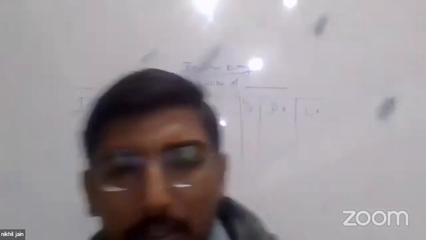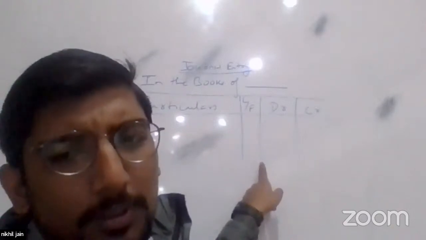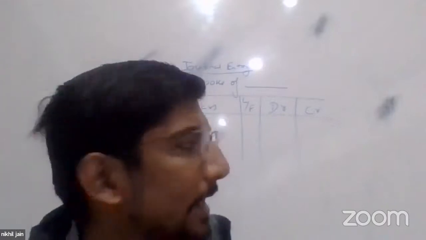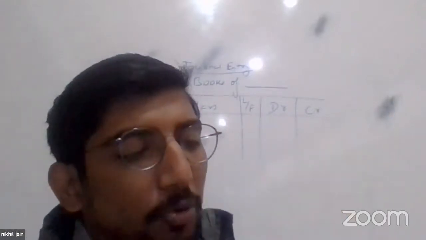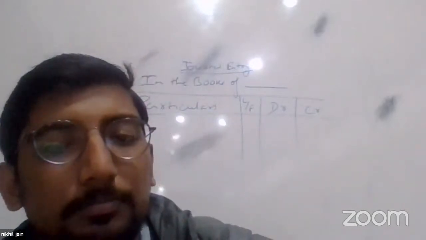So that is why the LF column is not used while making journal entries at this time. Okay, and in the debit amount column the debit amount will be written, and in the credit amount column the credit amount will be written. Now I think this is clear to all.